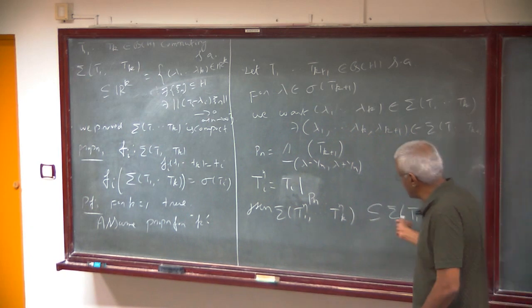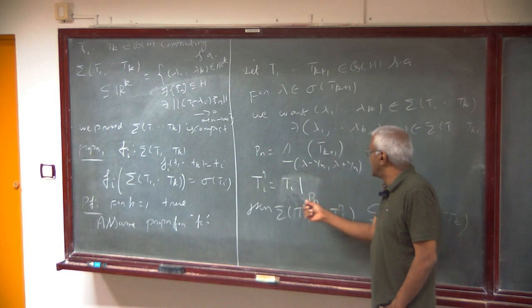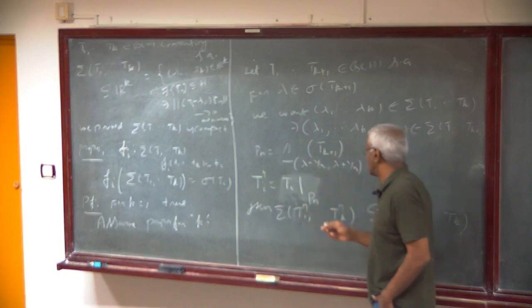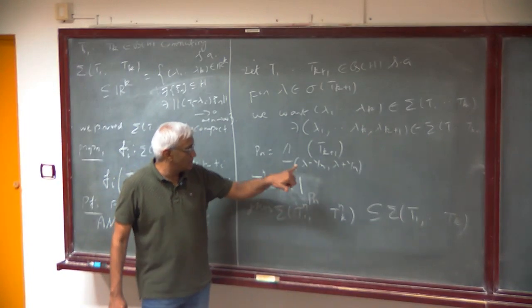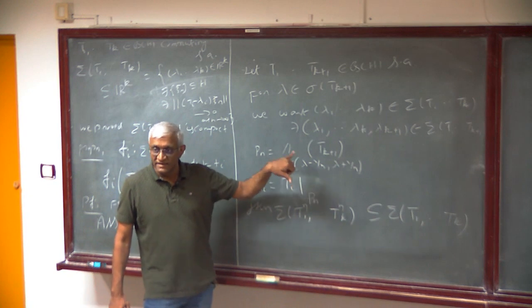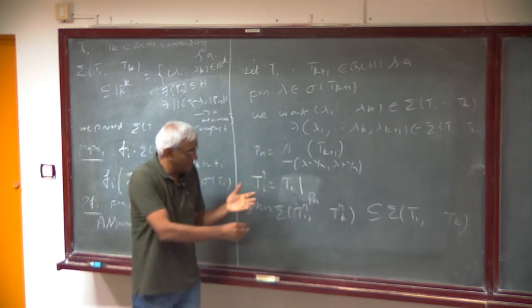This just says that there is a joint approximate eigenvector in this space. It's clear, I think, we discussed it last time. In the range of this Pn, you have a xi n, and the n may differ.